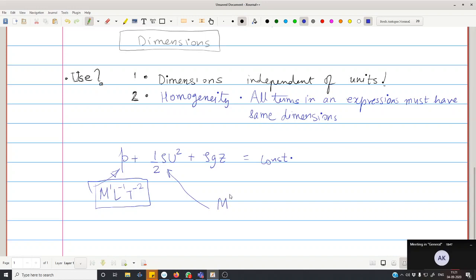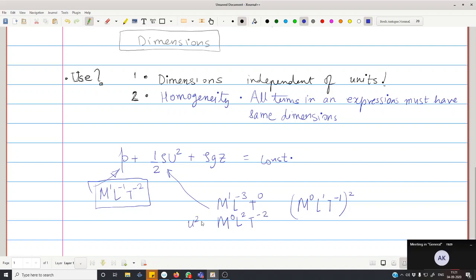Rho is M L to the power minus 3 T to the power 0. And what is the dimension of u? It is M0 L1 T to the power minus 1. So what is now the dimension of u square? It is M0 L to the power 2 T to the power minus 2.